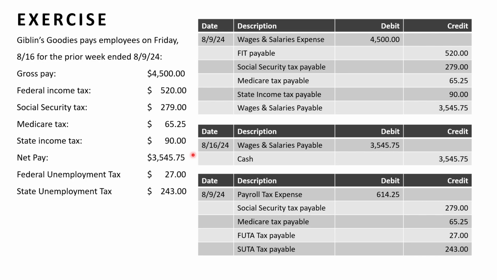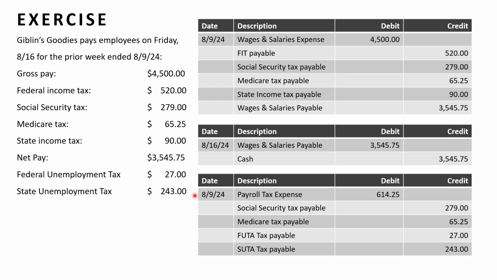In this example, we don't have any additional withholdings like we had in the example from our textbook, like 401k or health insurance deductions or contributions. That is why we don't have to record that entry and can move on to the last entry.